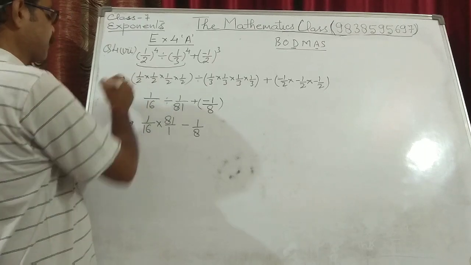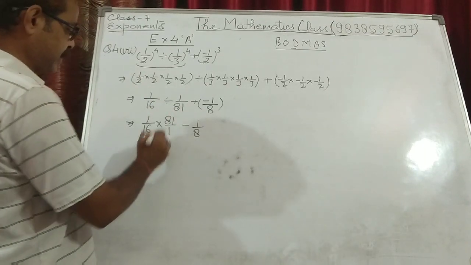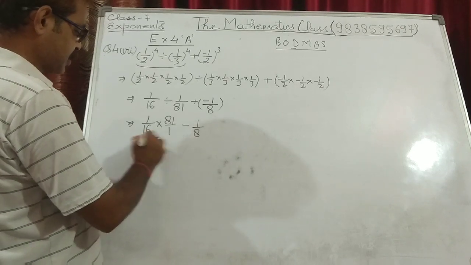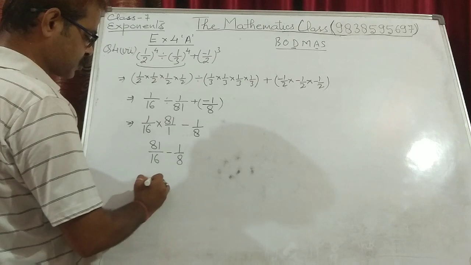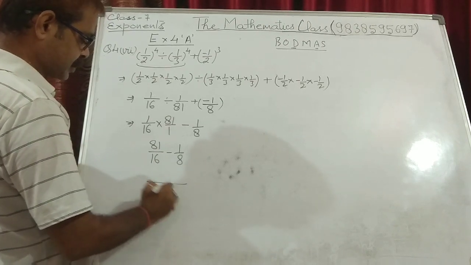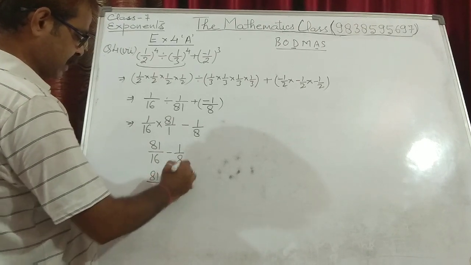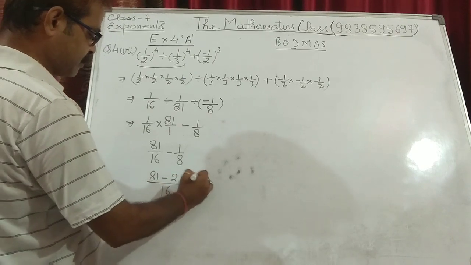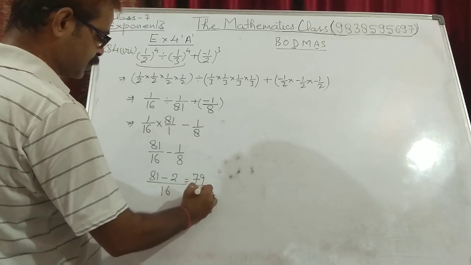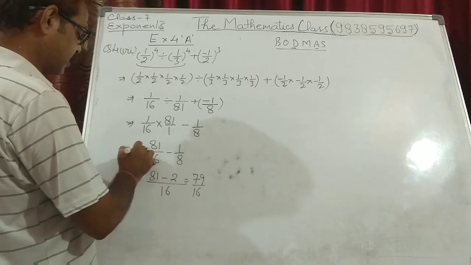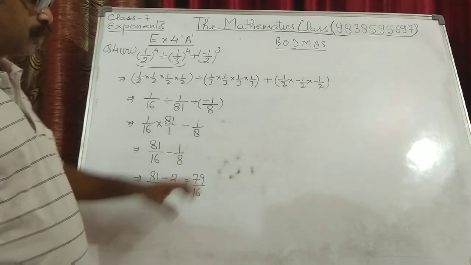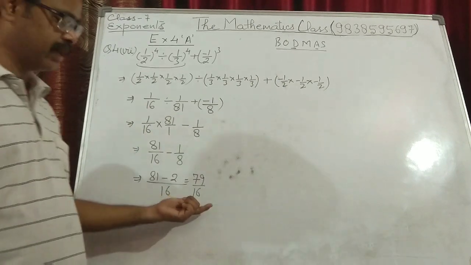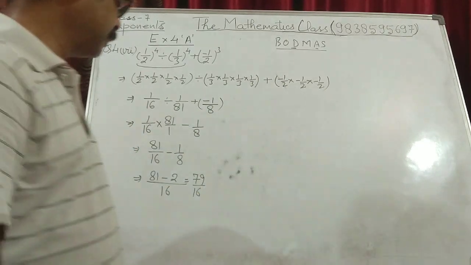It means 81 into 1 is 81 upon 16 into 1 is 16, minus 1 upon 8. Now how do we solve? We take the LCM, LCM is 16. This will become 81 minus 2. 81 minus 2 is 79 upon 16. So this is the answer, or if you want, you can change it into a mixed fraction.